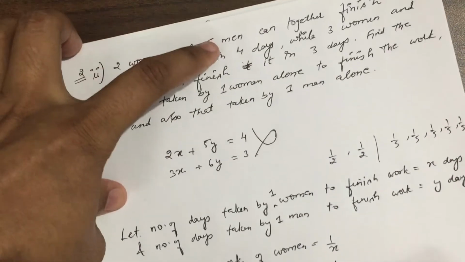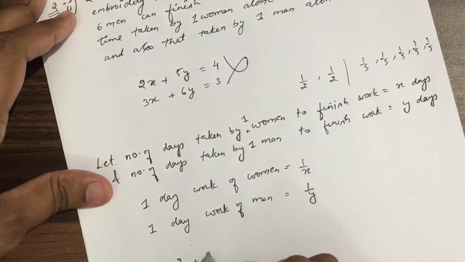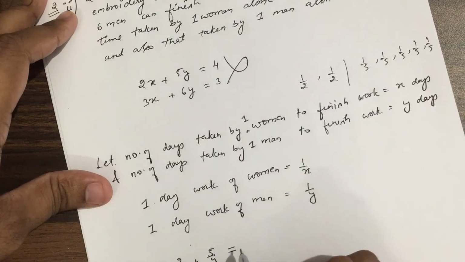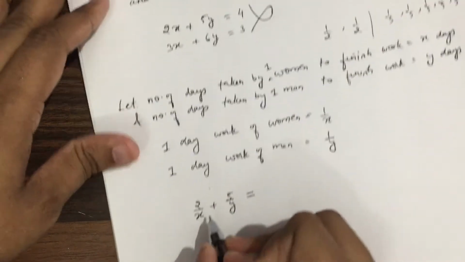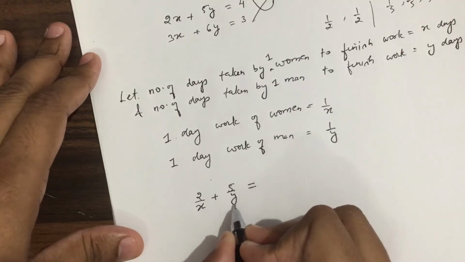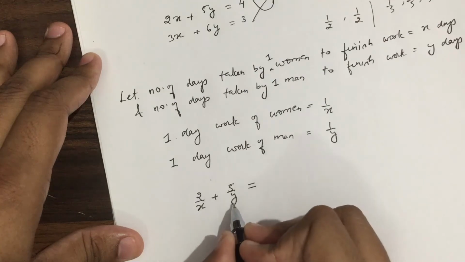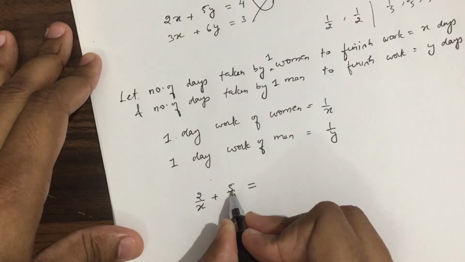So how many men are there? 5. So how much work 5 men will do in 1 day? 5 into 1/y means 5/y. This total is 1 day work of 2 women and 1 day work of 5 men.